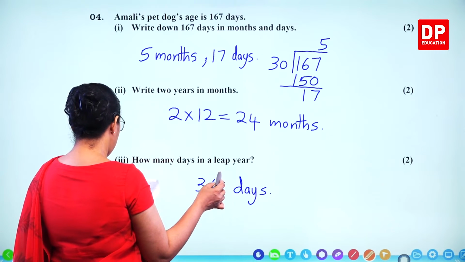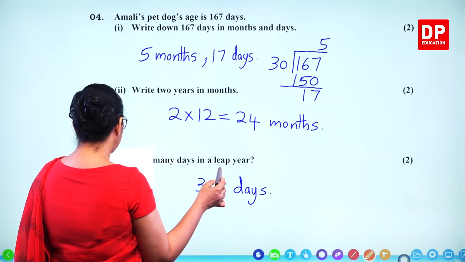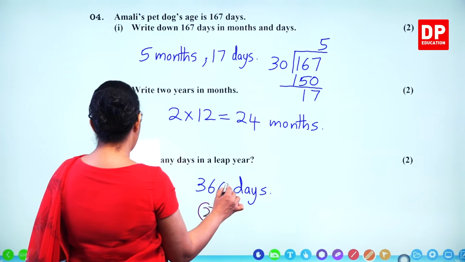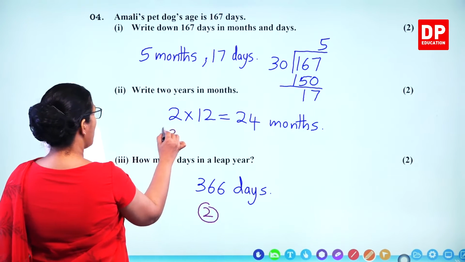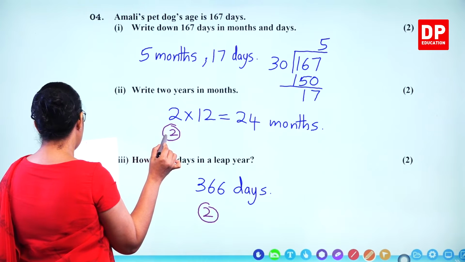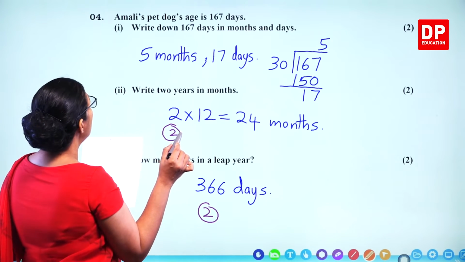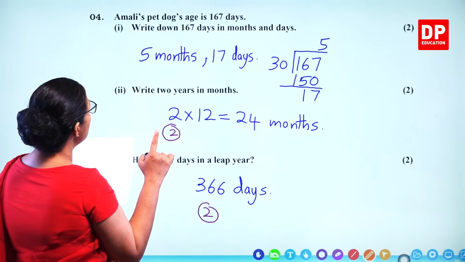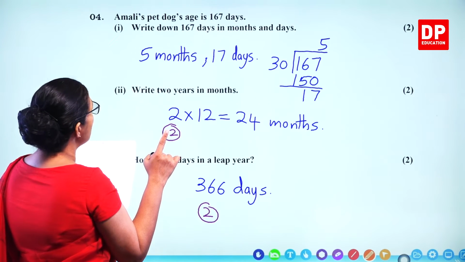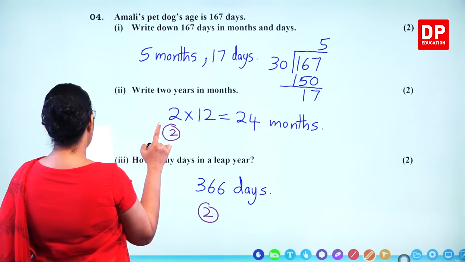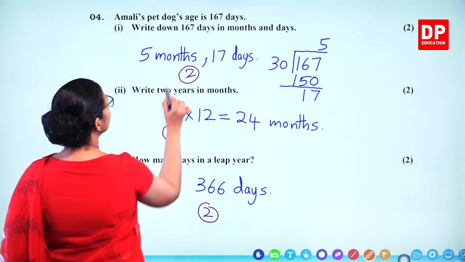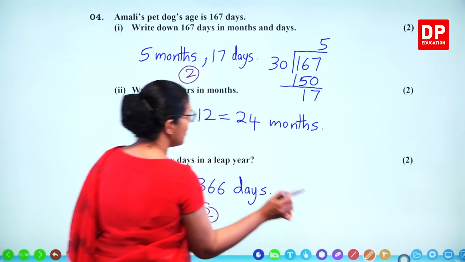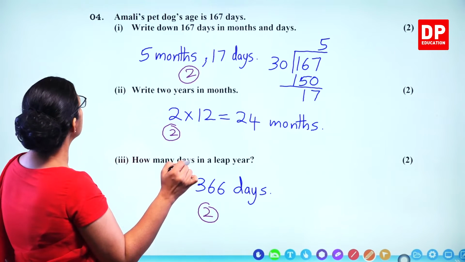So let's give marks. 2 marks for the leap year, 24 months, that's 2 marks. And we divided by 30, you get 5 months and 17 days, 2 marks. So how many marks do we get? 2, 2, 2, 6.